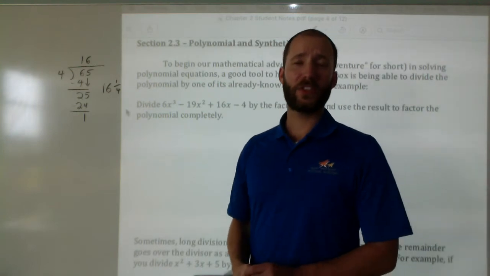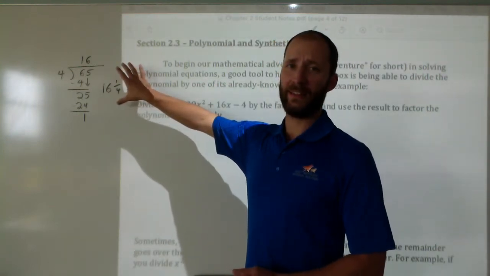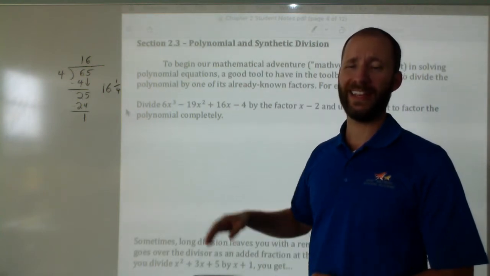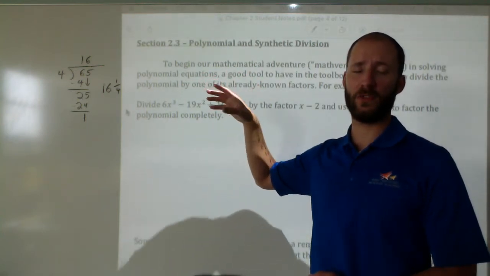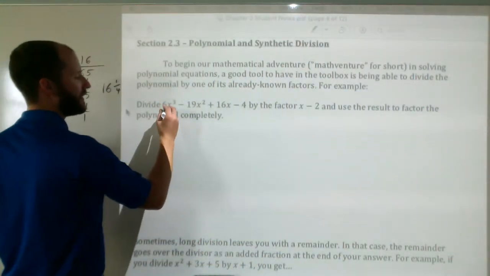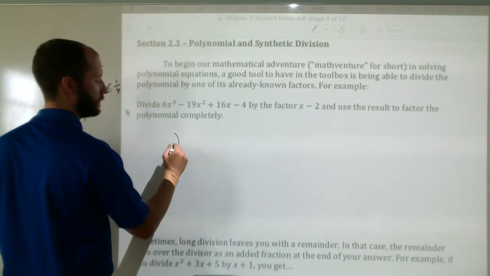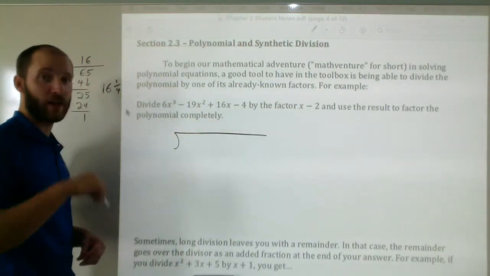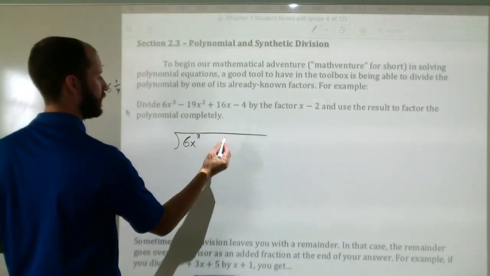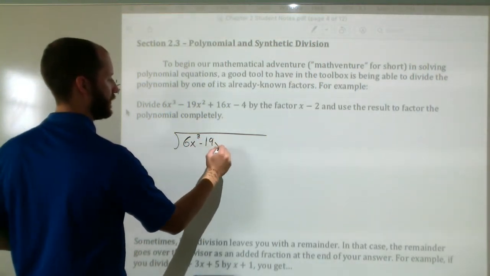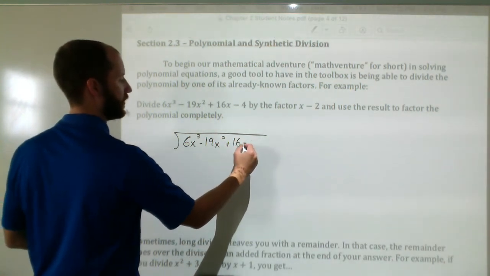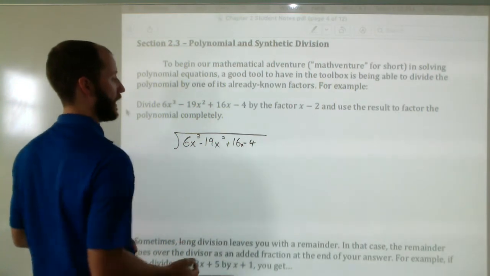The reason I'm telling you this story is because long division by hand is pretty much how you do polynomial division with factors. It's the same setup, it's the same process. You even treat remainders the same way. So we take our polynomial and we put it under that long division symbol: 6x to the third minus 19x squared plus 16x minus 4.